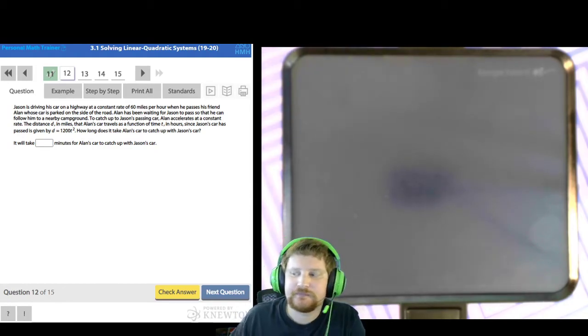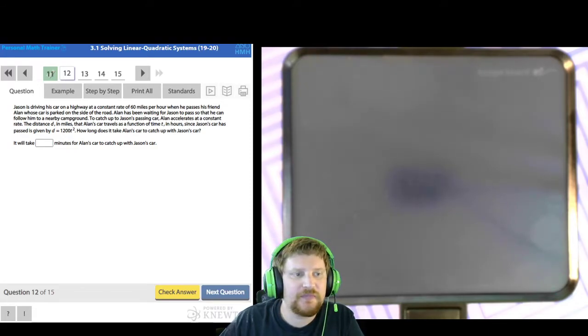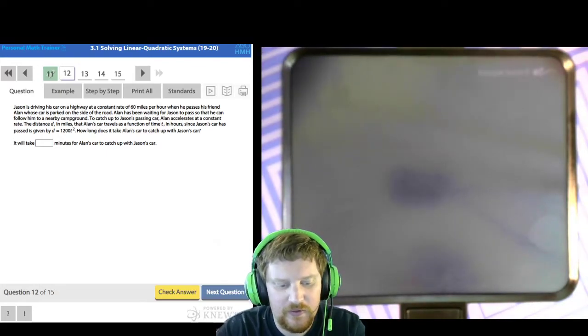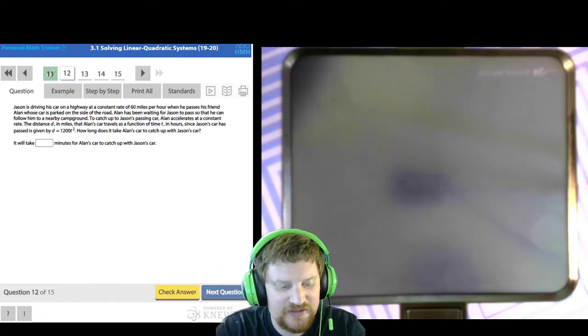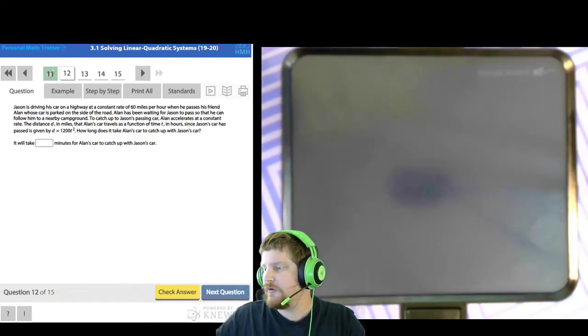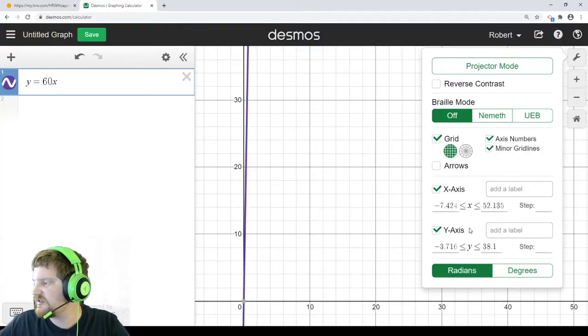So, we need to set up our equations here. And we know that Jason's car is driving at a constant rate of y equals 60x. So I am actually going to go over to, and that's what I typed in, y equals 60x.